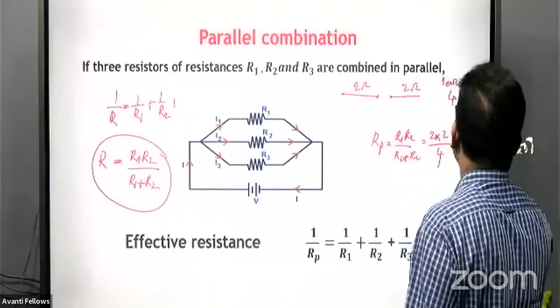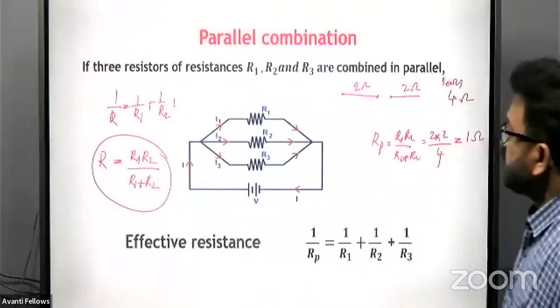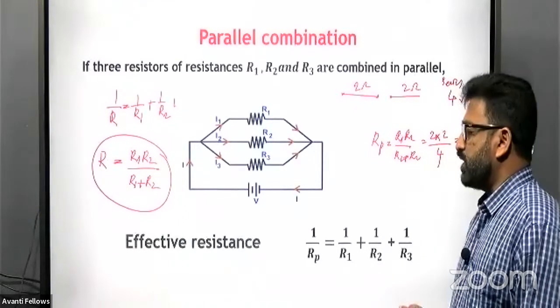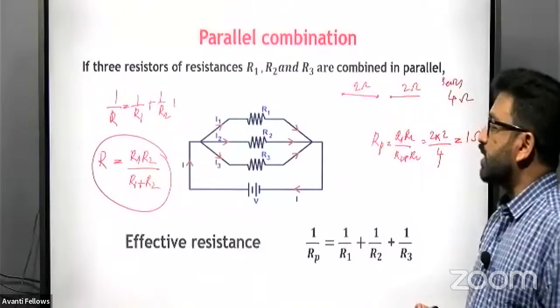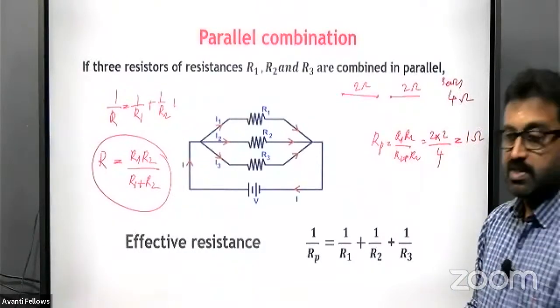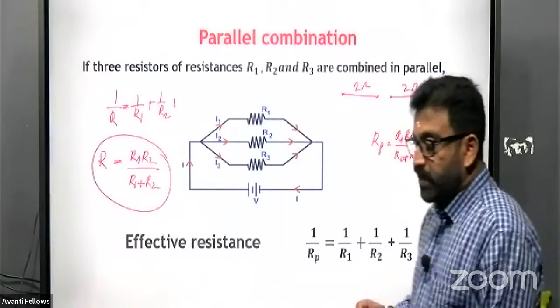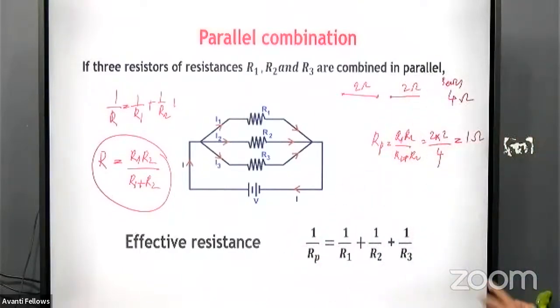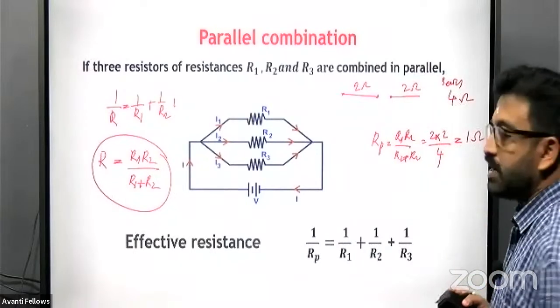So that will become 1 ohm. So if 2 resistors of equal values are connected in parallel, then their effective resistance reduces to half. And if they are connected in series, it becomes double. So that is the logic, so it becomes easy for you to calculate at the time of examination.